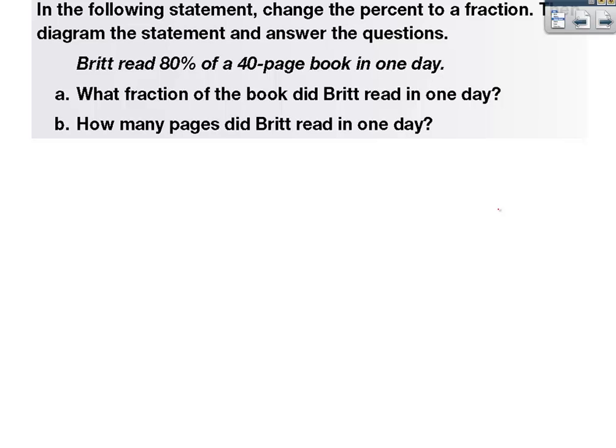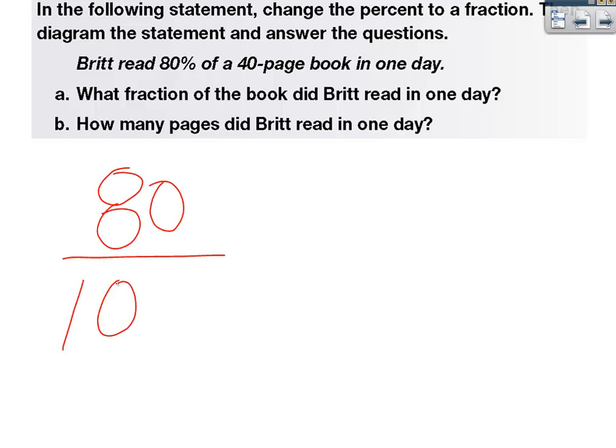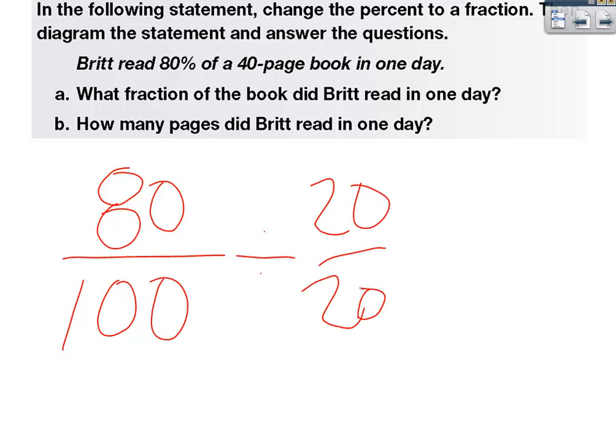Well, the first thing you've got to do is change that 80% into a fraction. Well, we all know that to do that, we take 80 and put it over 100, which is our whole. So 80 over 100. And then to reduce that to a fraction, we're going to divide both of these by 20.